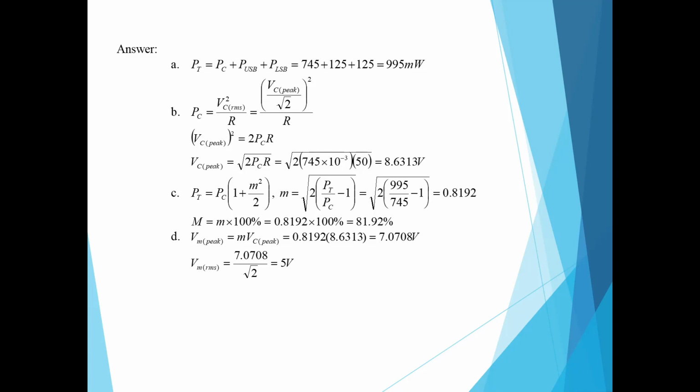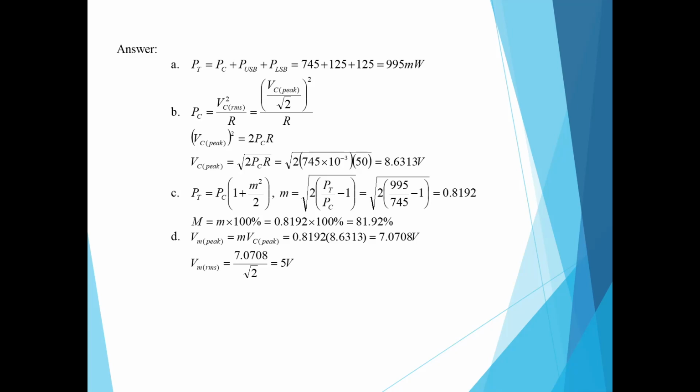Dekat sini doktor terus square rootkan dia PC darah R. Lepas tu baru dapat 6.1032 and after that baru doktor darab square root 2 kali dengan ni. I just want to show the detailed calculation macam mana sebenarnya.